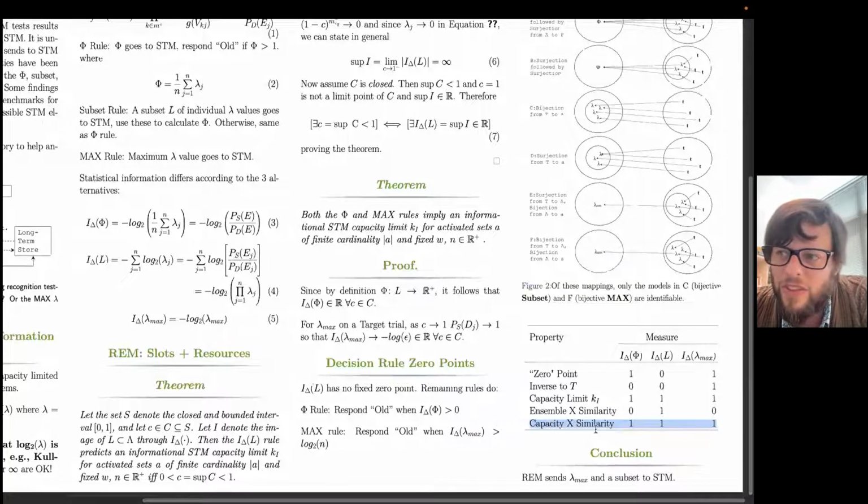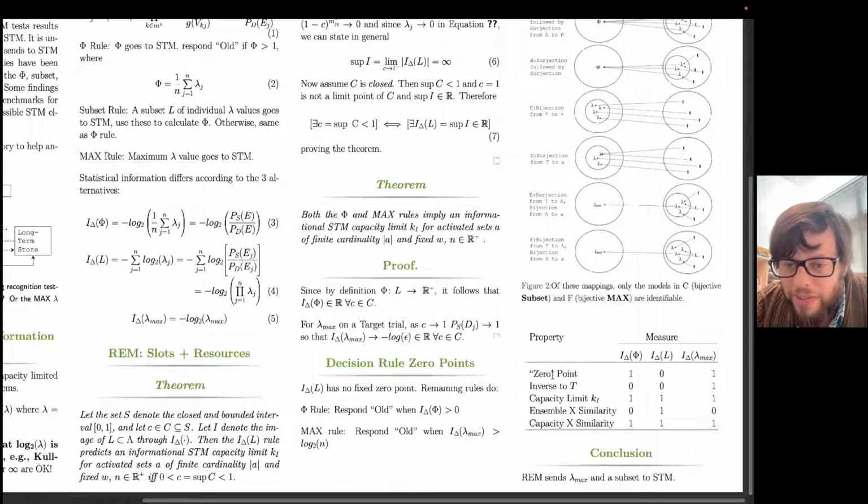Shiffrin and Nosofsky had a paper in '94 or thereabouts in Psychological Review, where they talked about ongoing mysteries about why capacity estimates behave in weird ways as you vary the similarity of the distribution of features in things like absolute judgment, which we used to think was somehow separate from short-term memory, and now we think they're actually very similar and use many of the same processes. So anyway, this explains how and when that could happen within REM.